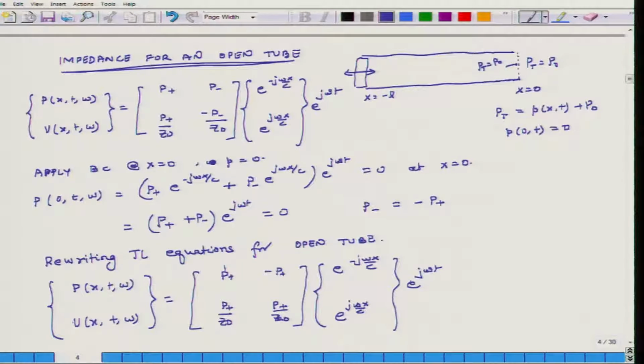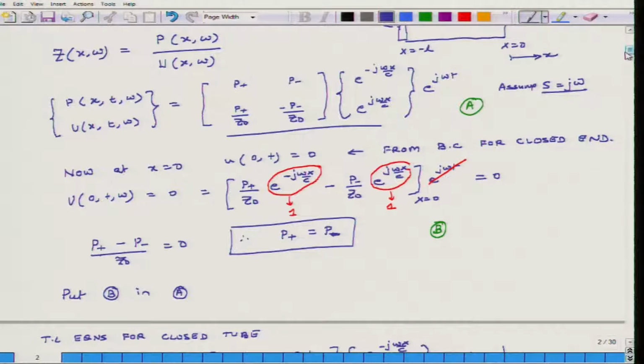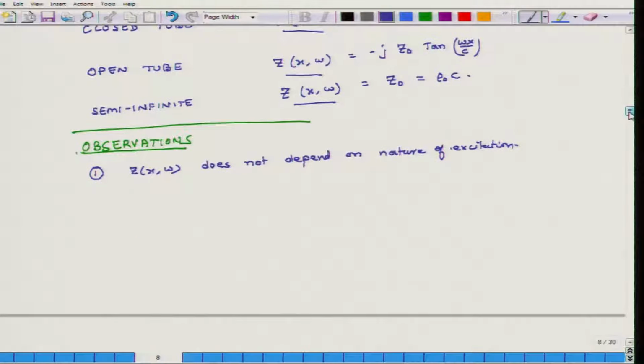Okay. And we see the same thing in case of closed tube also. I never defined any conditions at x is equal to minus L, because P plus cancels out. So, Z essentially depends on whether the tube is closed or open, or it is infinitely long. This is one thing.